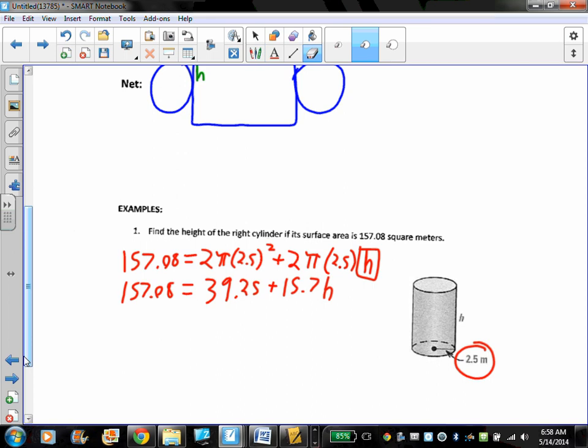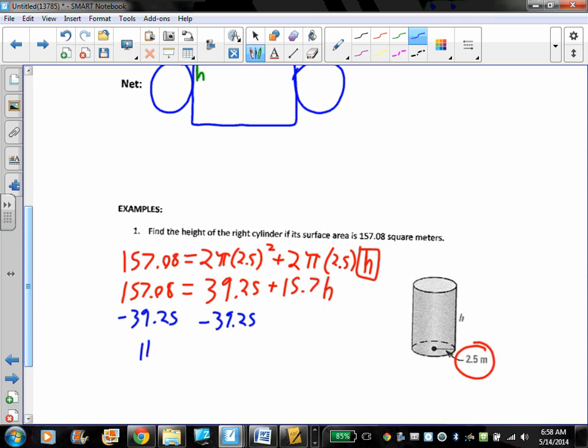Next step I would recommend would be to subtract 39.25 from both sides of the equal sign. 157.08 minus 39.25. So we have 117.83 equals 15.7h.